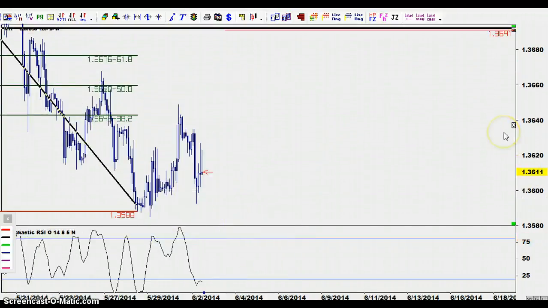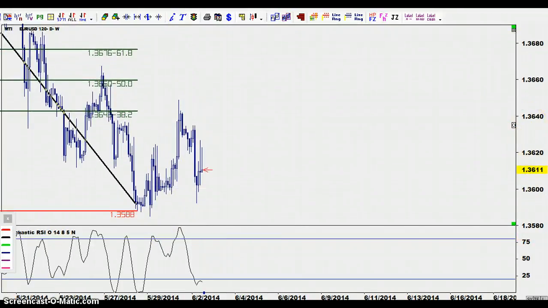For those who want scalping opportunities, you could trade on a smaller time frame. These up ABs. There we go. A, B, C, D. A to B. No, it hasn't hit the B yet.